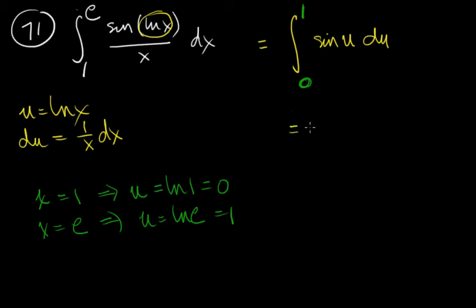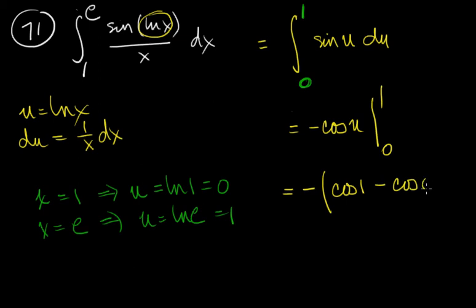So we'll just write minus the cosine of u, and we're going to evaluate it between the limits 1 and 0. So we have minus the cosine of 1 minus the cosine of 0, which is minus, I don't know what the cosine of 1 is. The cosine of 0 is 1.